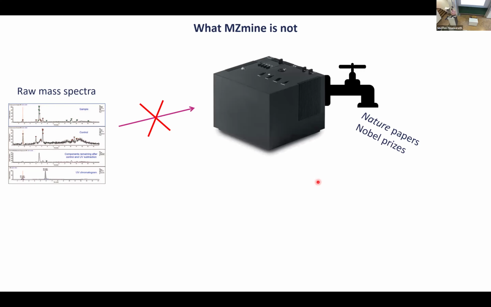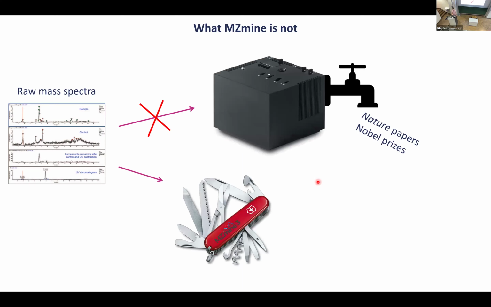One thing that I would like to stress is MZmine is not a black box. You don't put your raw data in and get out Nature papers and Nobel Prizes. What MZmine used to be is more like a Swiss Army knife. It's a tool for everything, you can do everything you want with it, but you had to know how to really make use of it.